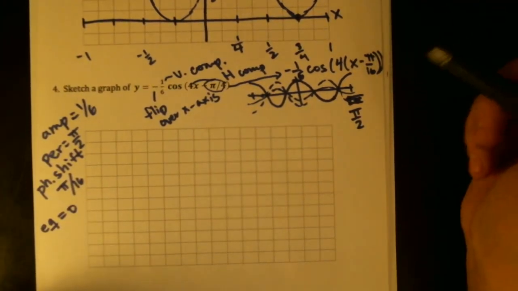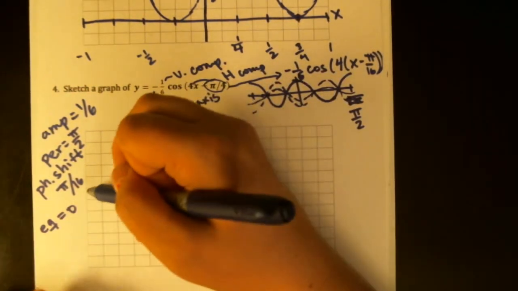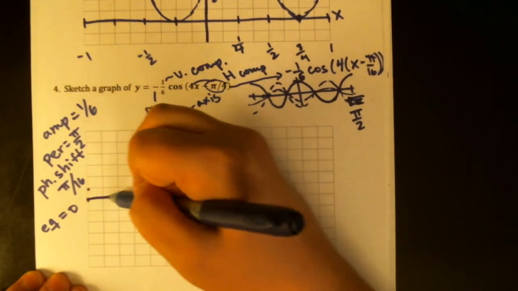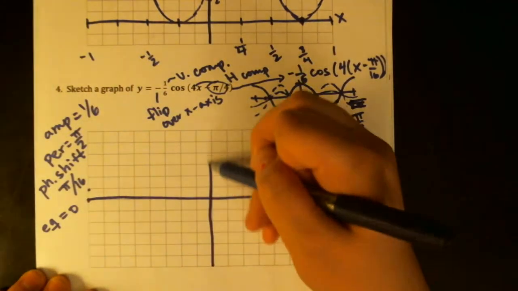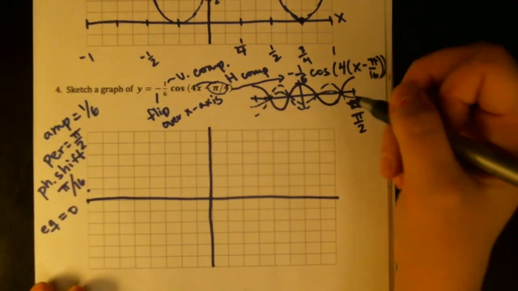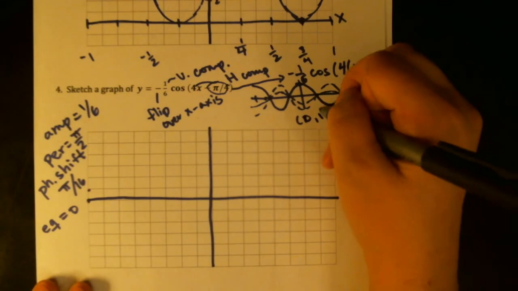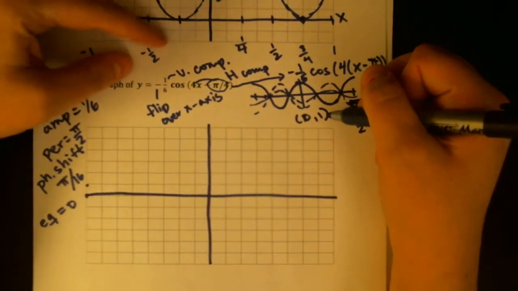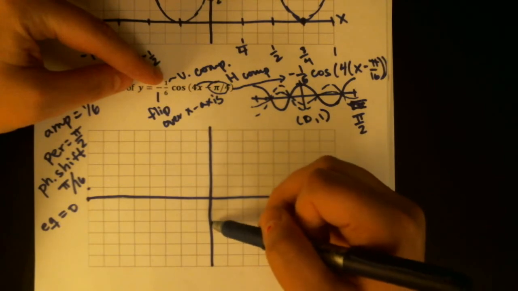Okay, so let's see. I'm going to go ahead and put my x-axis in the middle then. Middle-ish, is that the middle? And y. Okay, so let's follow the point 0, 1, if I can get that in the right order. Okay, so I flip upside down, and it's going to be 0, -1.